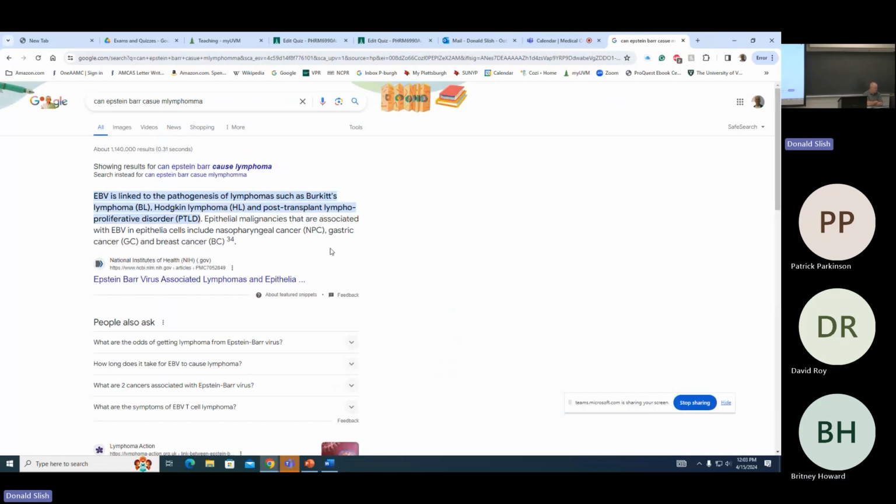HPV is linked to the pathogenesis of lymphoma such as Burkitt's. And it does say Burkitt's there. I think I could be wrong. There may be two different types of Burkitt's lymphoma, because I know there's one that is caused by the Epstein-Barr. Right, the endemic form. Right.